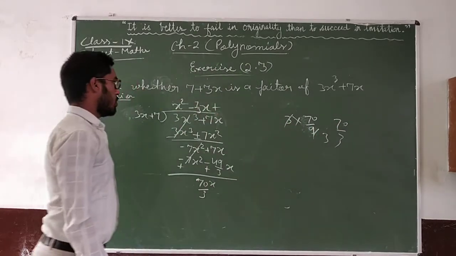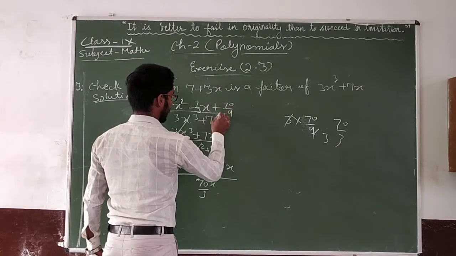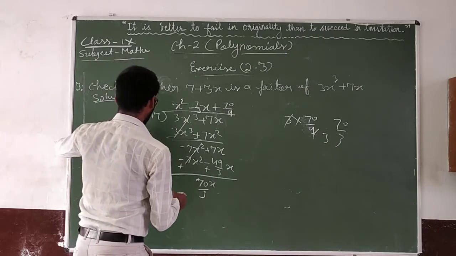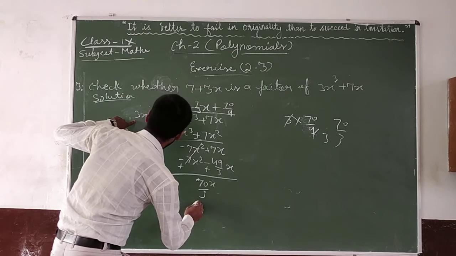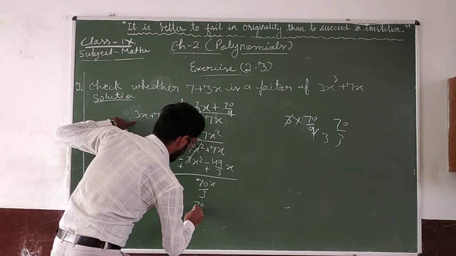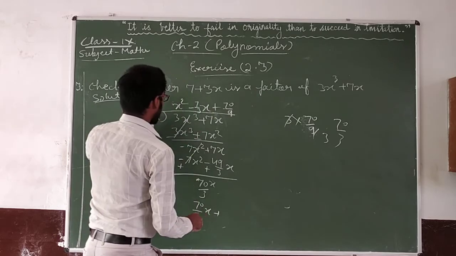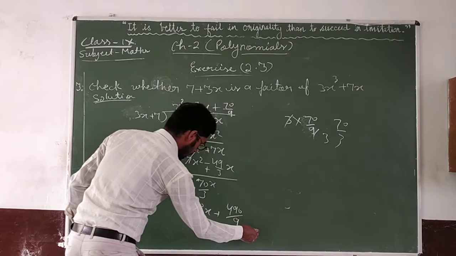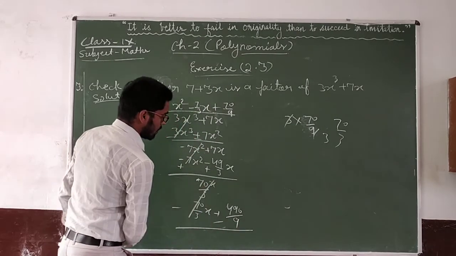Okay. So multiply here 70 by 3x plus 7 times 70 by 9, which is 490 upon 9. Subtract it. This term will be cancelled.